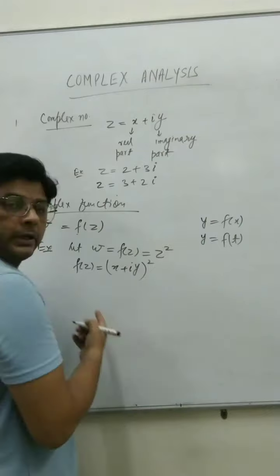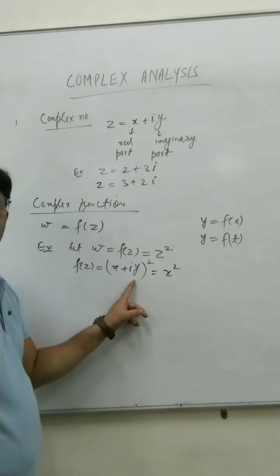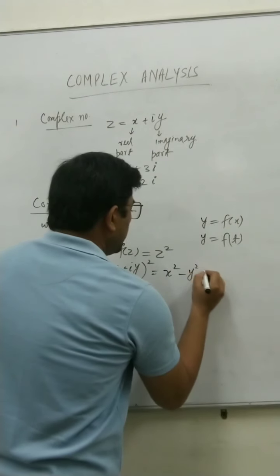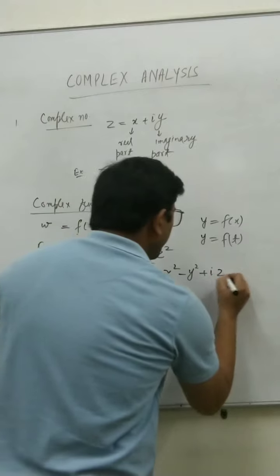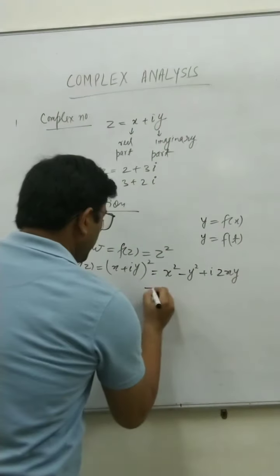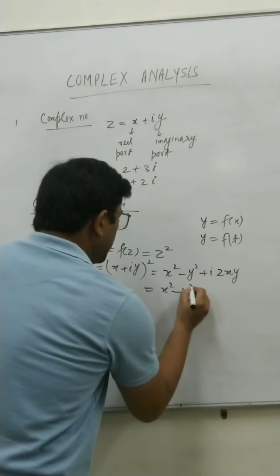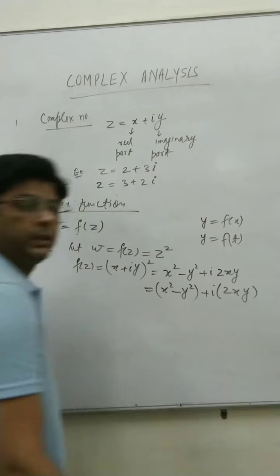Now we open this by (a plus b) whole square. So this is equal to x square plus i square y square, and i square will be minus 1, so that is minus y square, plus i times 2xy. Here we can write this as x square minus y square plus i 2xy.